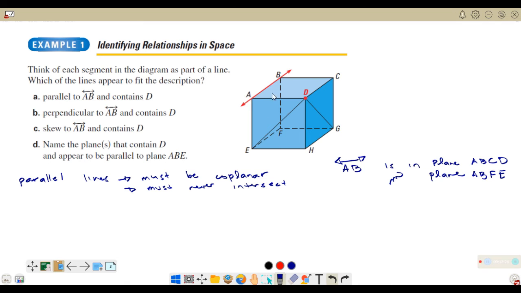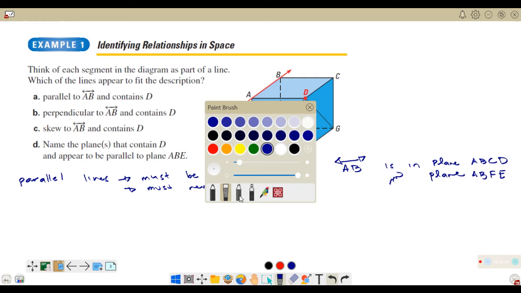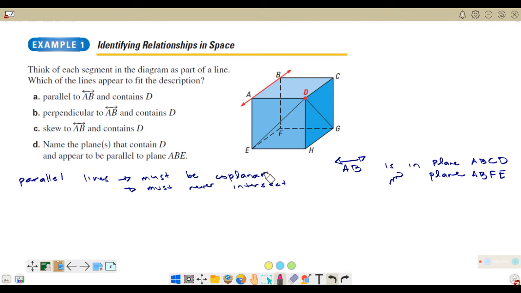So, ang pwede lang nating tingnan na parts, gawin natin siyang pink, ay itong dalawa. Ang pwede lang nating tingnan na plane ay ito. Okay? At saka ito. Yan, naka-green lang. Sila lang yung pwede nating i-consider sa paghahanap ng mga parallel lines.